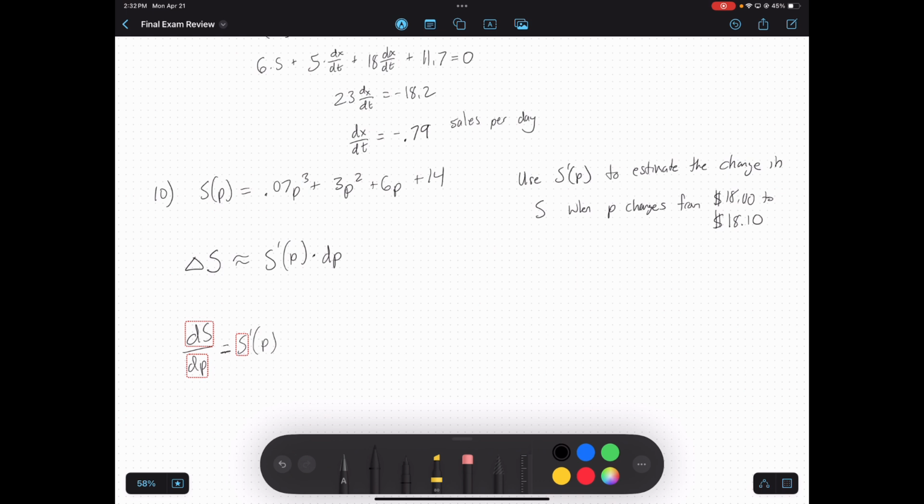Now, what's my derivative? I get 0.21 p squared plus 6p plus 6 times dP. What's dP in our case?